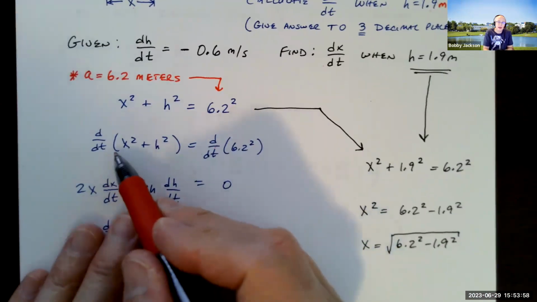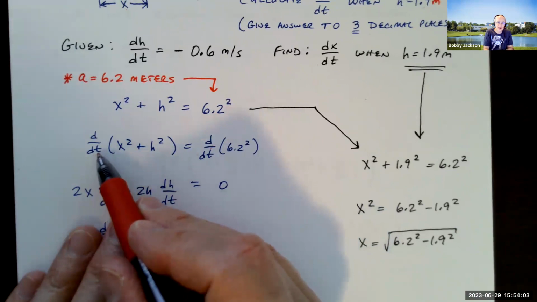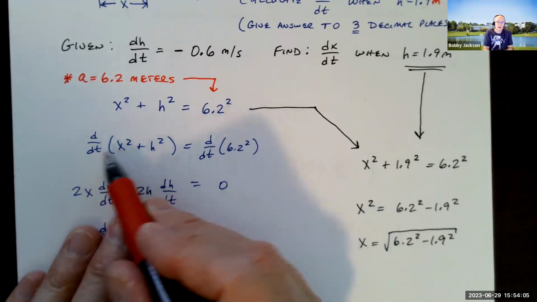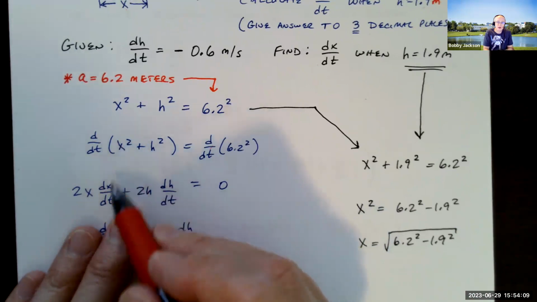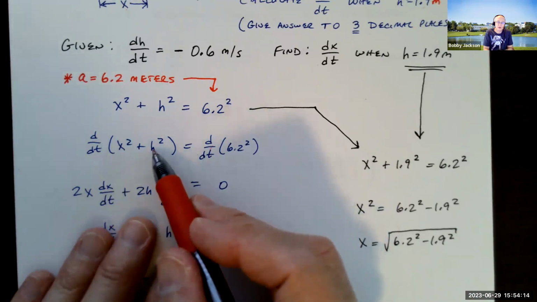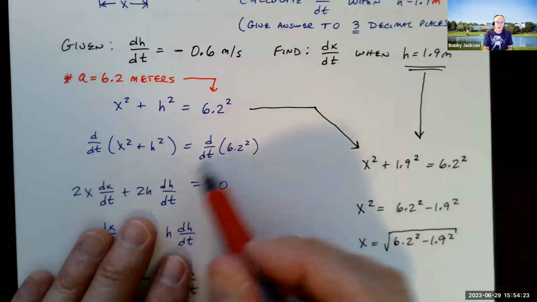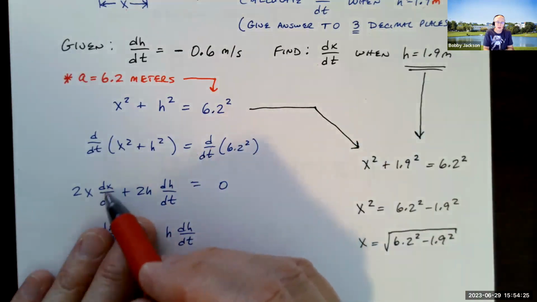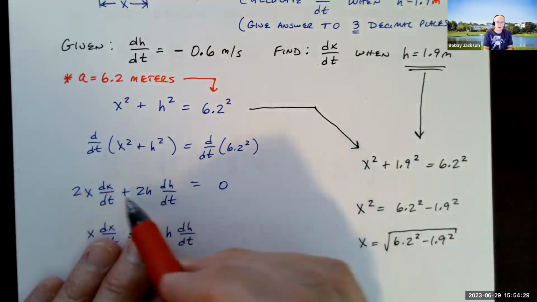Over here, we've got a chain rule. x is a function of time. Notice this is a derivative with respect to time. So it's the derivative of the outer function, x squared, which is 2x, times the derivative of the inner function, dx/dt. Same thing here. h is also a function of time, since the height of the ladder is changing over time. So chain rule: 2h times dh/dt. So we have that equal to 0. And we're looking for dx/dt, so I'm going to solve for that. First, I can divide both sides by 2 just to clean things up.